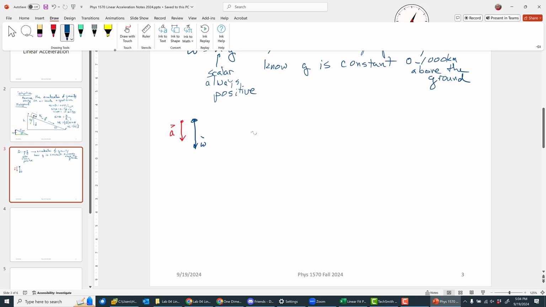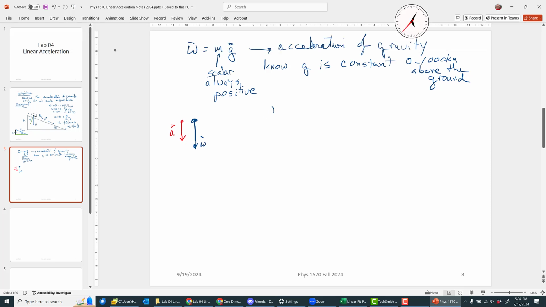So that allows us then to say that the acceleration parallel is equal to the acceleration of gravity times h over L. And so we are going to measure a parallel, also called a ramp.